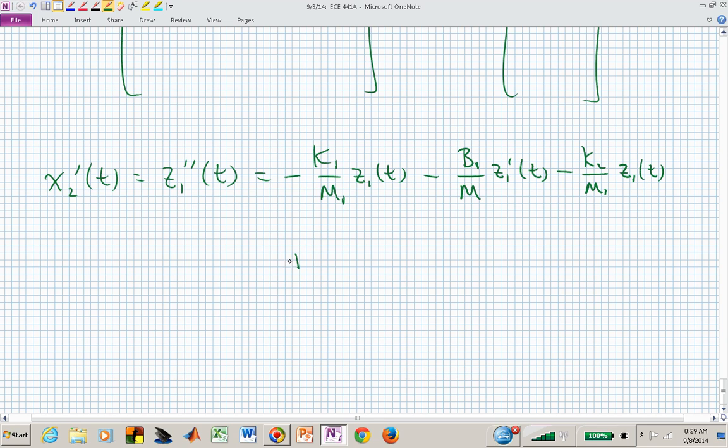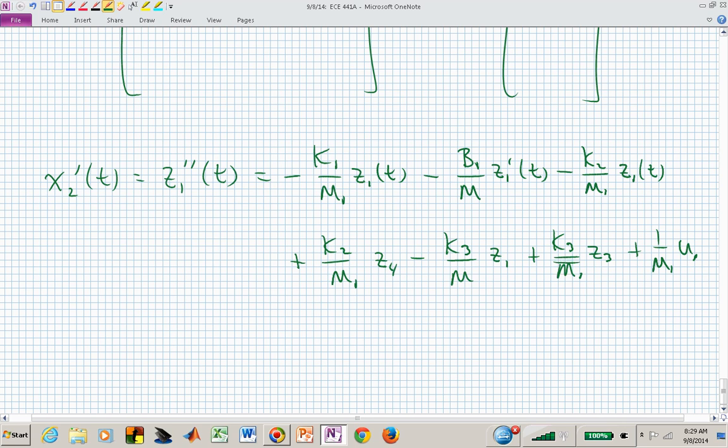And it just keeps going and going, plus k2 over m1 z sub 4 minus k sub 3 over m1 z1 plus k sub 3 over m1 z sub 3 plus 1 over m1 u1. Whew.